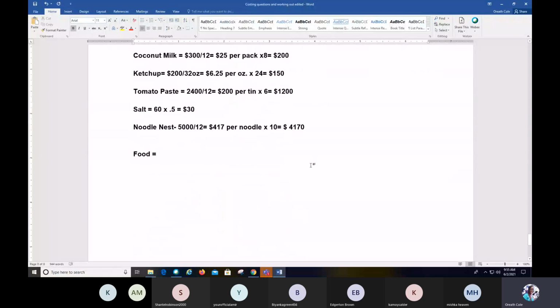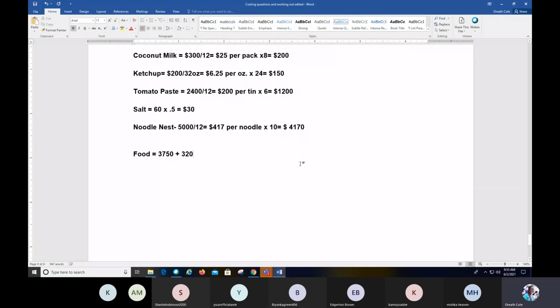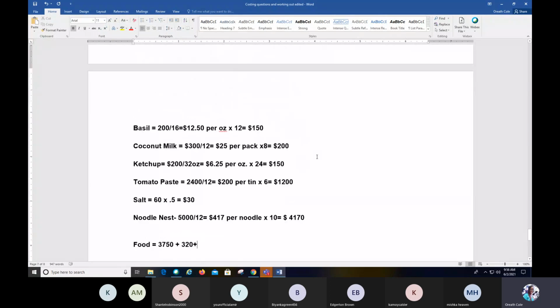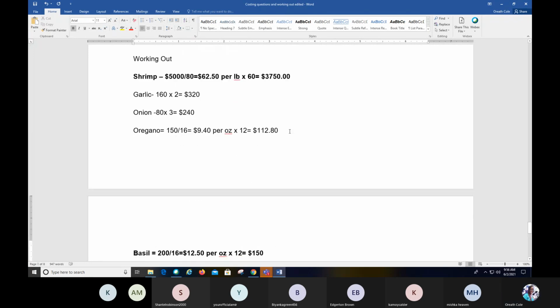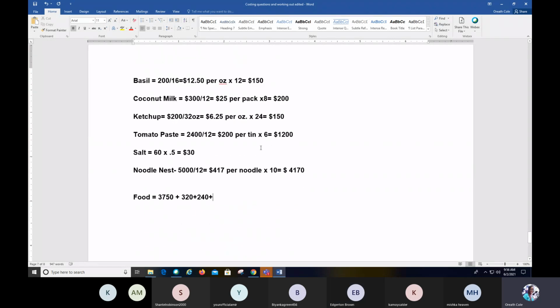So we have the 3750. Oh, I never added the top part. 3750 plus 320 plus 240. Next one, $112.80.